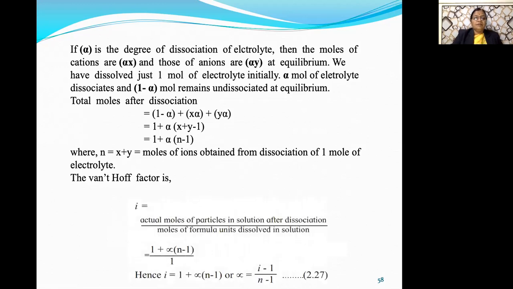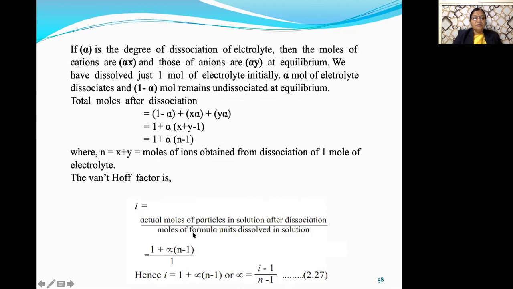Now the Van't Hoff factor i. By definition, i is the actual moles of particles in the solution after dissociation divided by the moles of formula units dissolved in the solution. Initially we are dissolving 1 mole of electrolyte, so 1 mole is the denominator, and in the numerator, after dissociation, the total moles are 1 plus alpha into n minus 1.